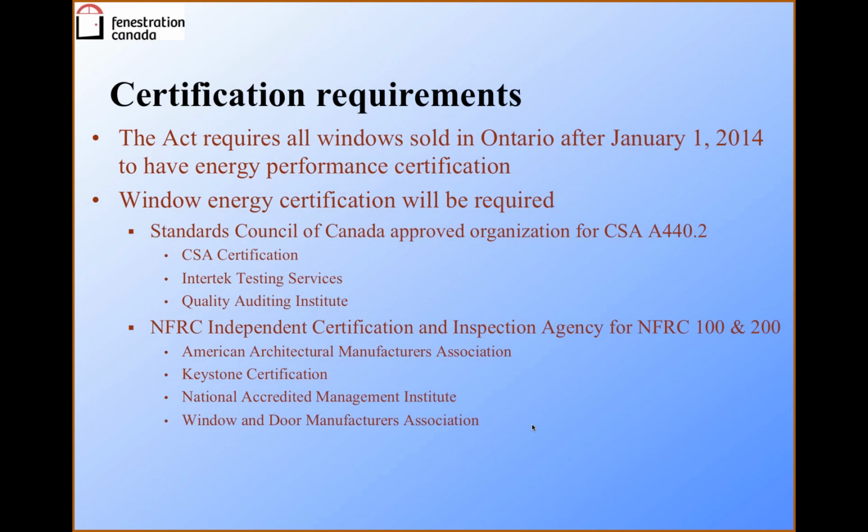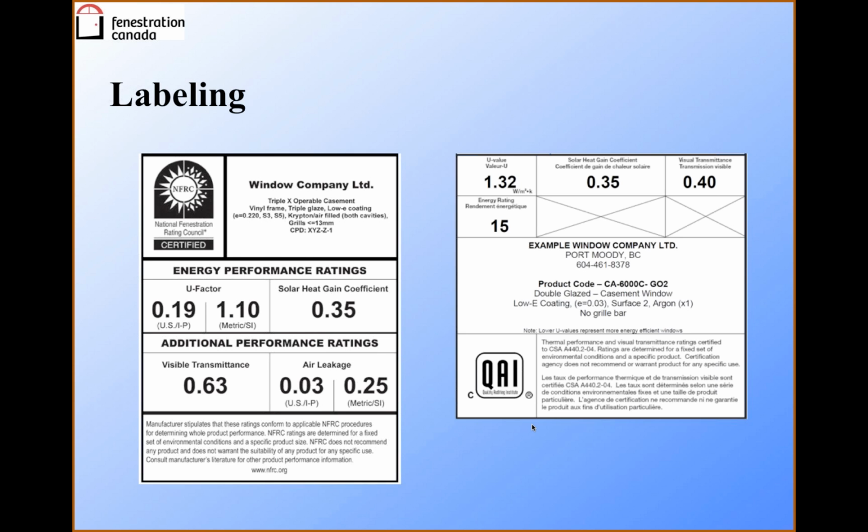The other thing that is spelled out in the Energy Act then is labeling requirements. In order to prove compliance and that you are certified, you will have to put a temporary label on the product, as well as some permanent markings that match.